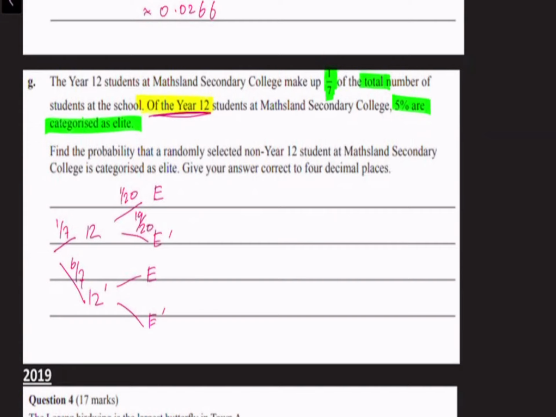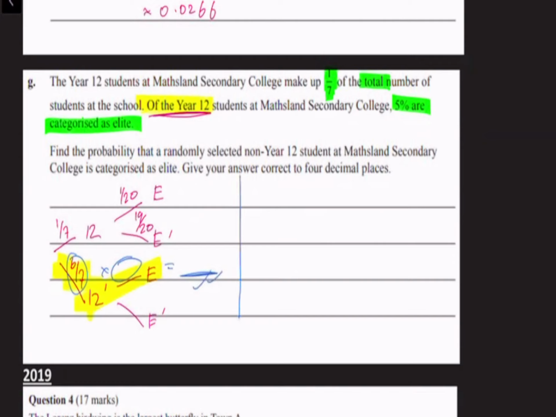Then we're trying to find the probability that a non-year 12 student is elite. So we're actually trying to find the end probability of this branch here. This value times this value is going to give us a value here, and this is the one we're after.